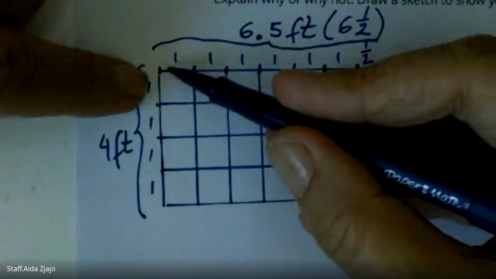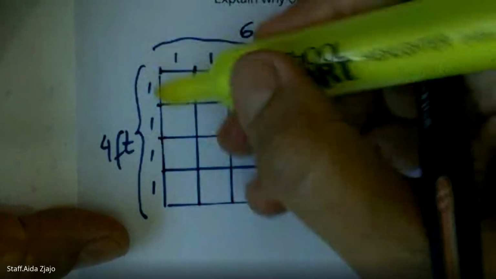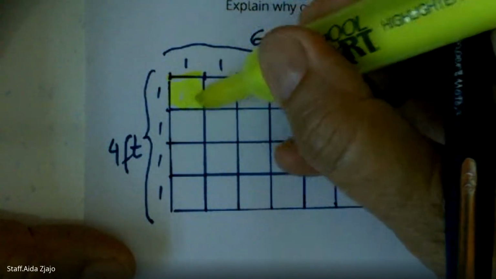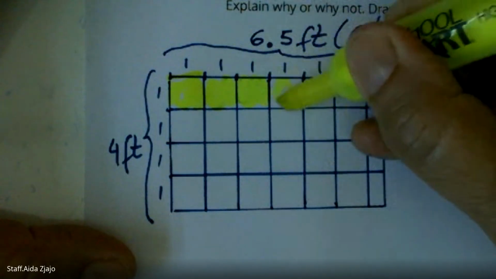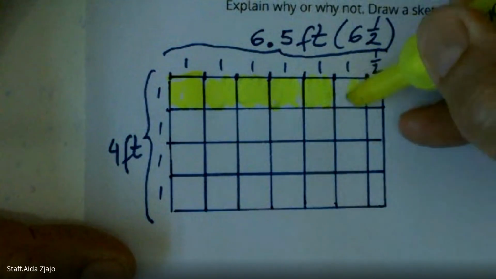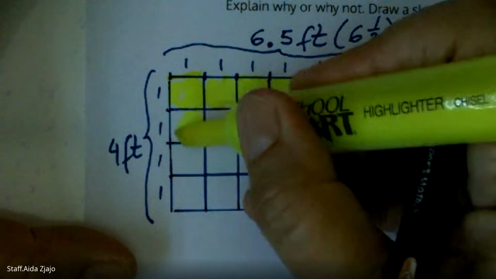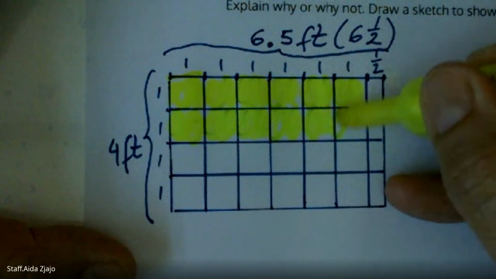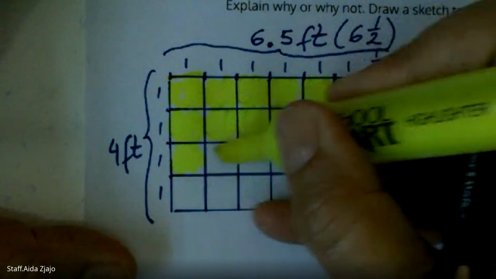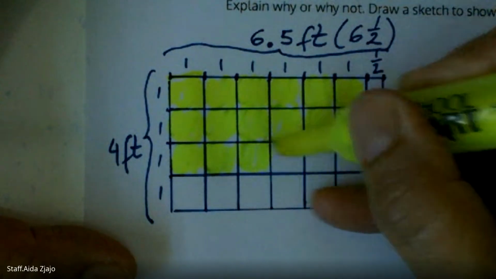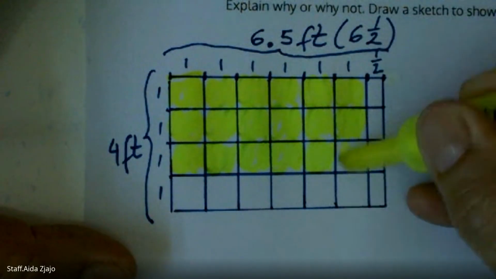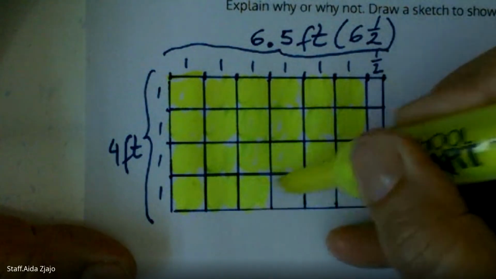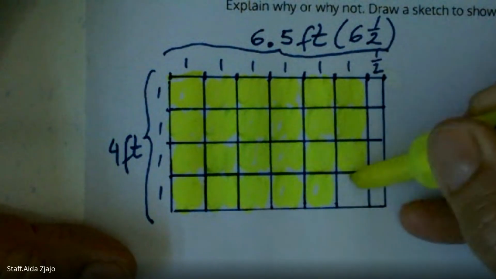So when you say 1 times 1, 1 by 1, these are the whole squares. So she can do 1, 2, 3, 4, 5, 6, 7, 8, 9, 10, 11, 12, 13, 14, 15, 16, 17, 18, 19, 20, 21, 22, 23, 24.